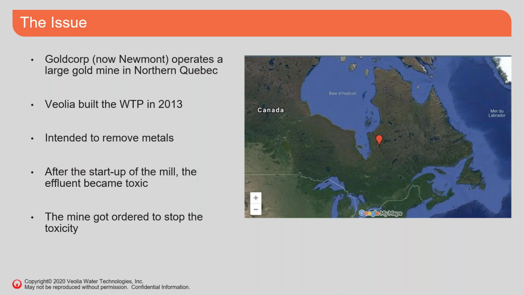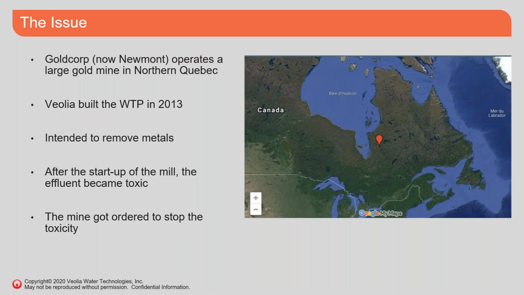So the issues. This is a mine operated by Goldcorp and now part of Newmont. It's a large gold mine in northern Quebec. There was a water treatment plant built by Veolia in 2013. This water treatment plant aims at metal removal. It's a two-stage metal removal, first for heavy metal removal, second for arsenic removal.